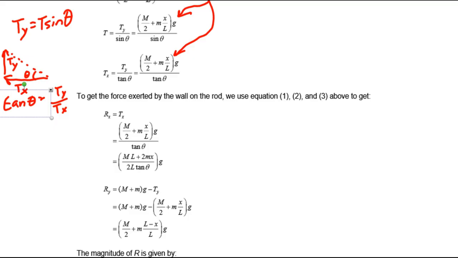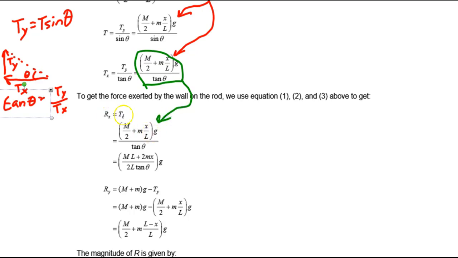Alright, I'm going to switch over to green just because I have a lot of red already. So Rx equals Tx, so that's pretty straightforward, as they just took this expression and substituted it in place of Tx.